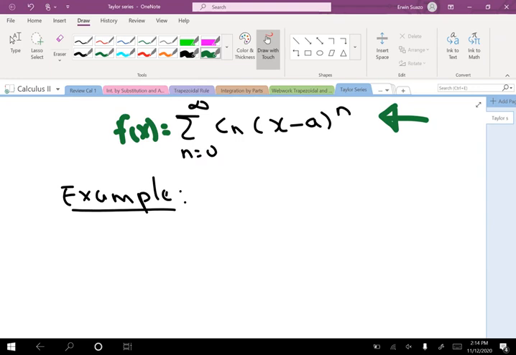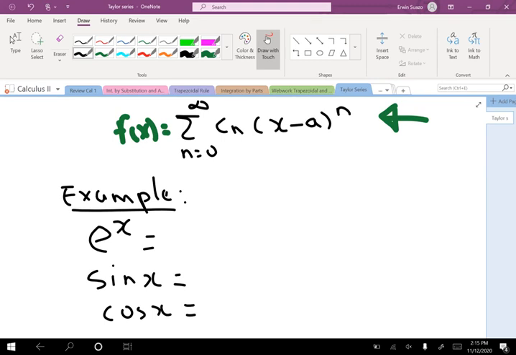So the question we have to answer is, how powerful is this? Can we write a series for the exponential function? Can we write a series for sine of x? Can we find a series for cosine of x? And the answer for all this is yes. Each of these functions is going to have a power series, okay?